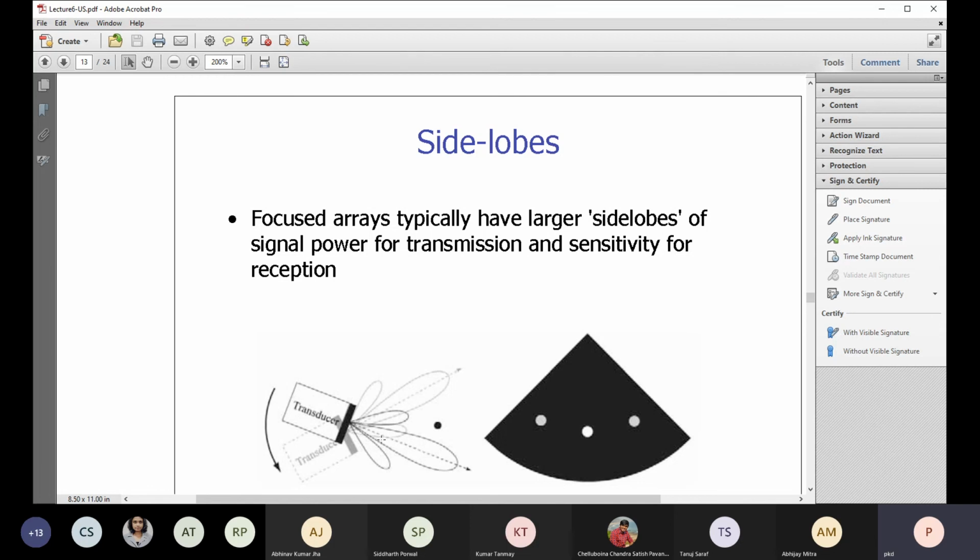The dimensions of the piezoelectric crystal, to couple a sufficient amount of energy, are quite large. Therefore a beam radiation profile will come, and a typical beam radiation profile is shown here. This is the main lobe radiation profile, and there are two side lobes.